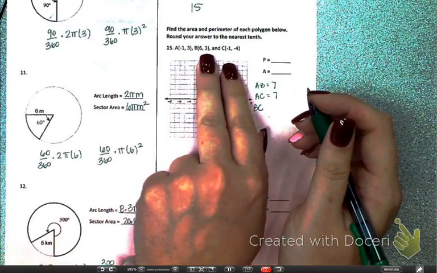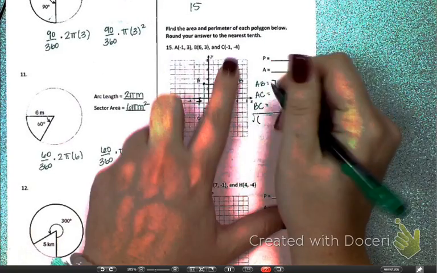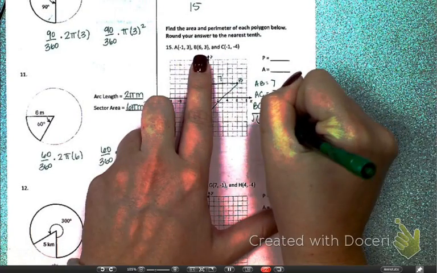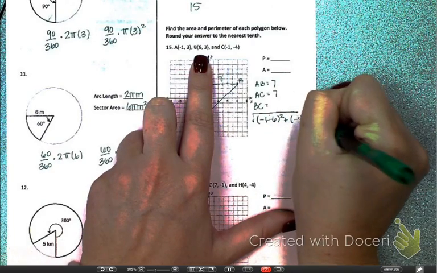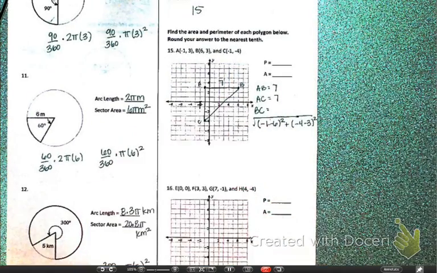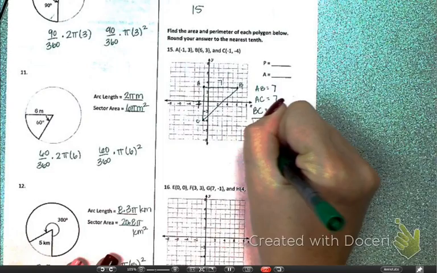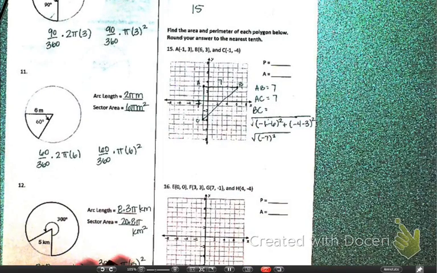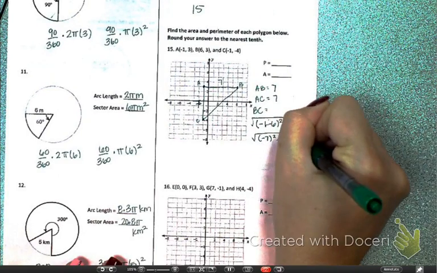So I'm taking B and C, and I'm plugging it into the distance formula. -1 minus 6 squared plus -4 minus 3 squared. -1 minus 6 is a -7 squared. -4 minus 3 is a -7 squared.